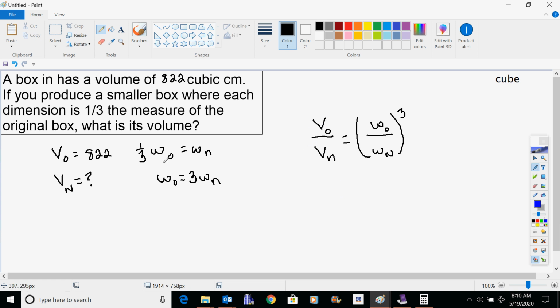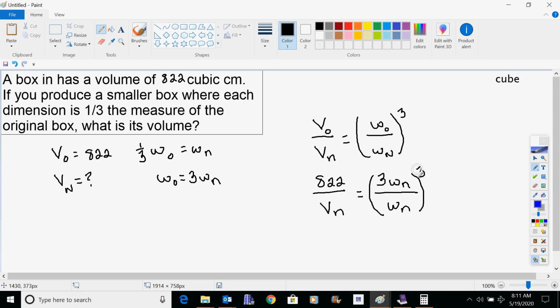Okay, so I have my volume of my original is 822 over the volume of the new one. My width of my original is 3 times the width of the new. Well, why do I want to put it in terms of that? Because I'm going to be able to do some nice canceling out here. And the width of the new we're going to leave as the width of the new to the 3rd power.